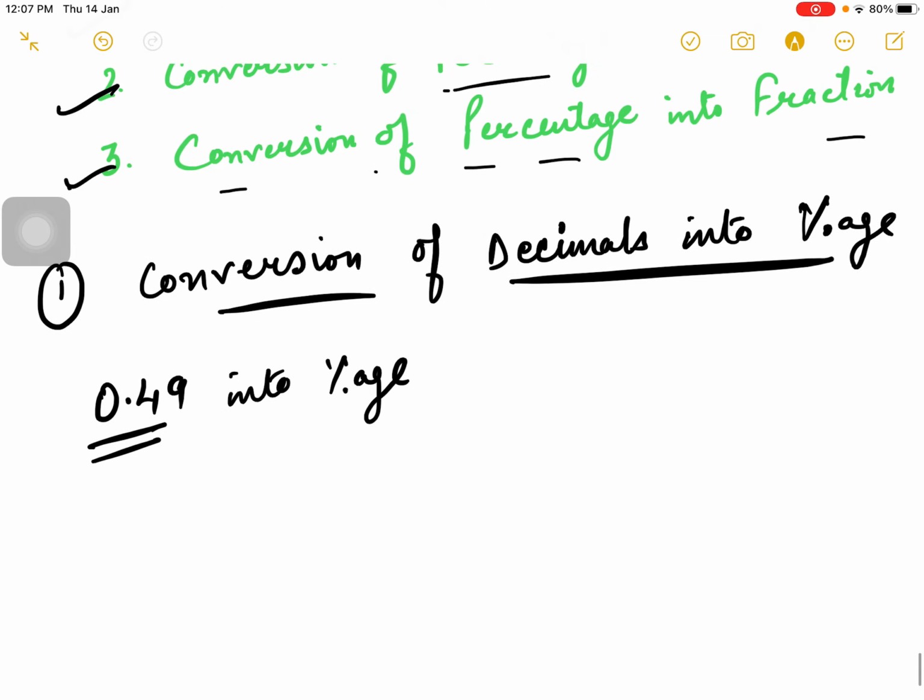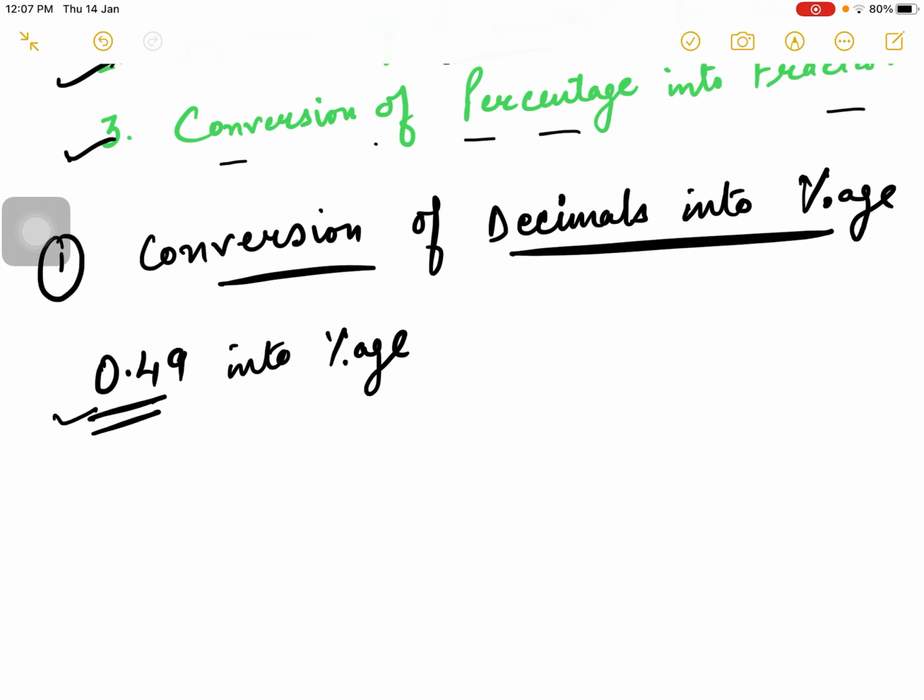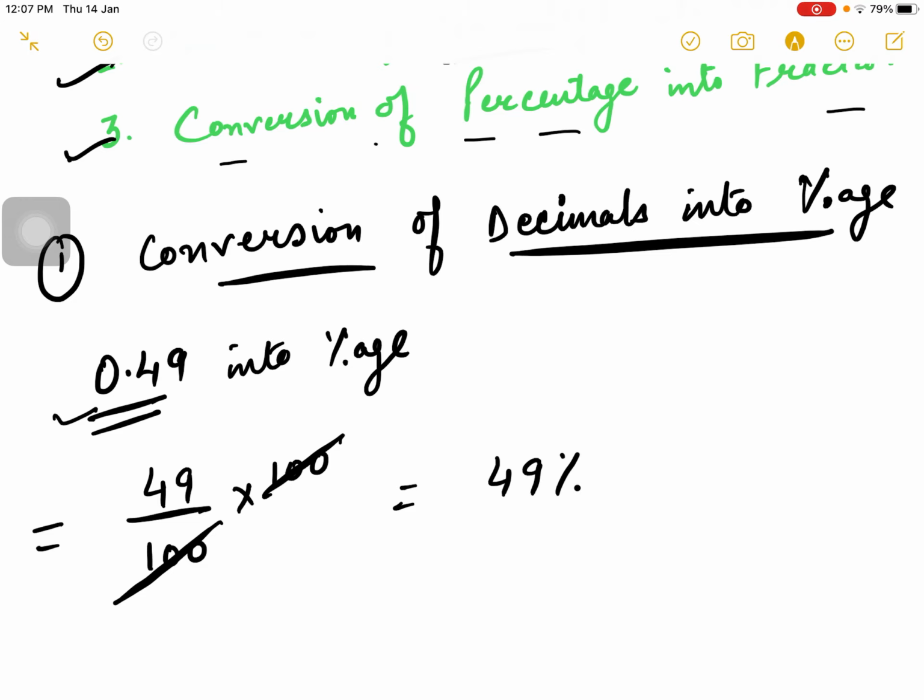First of all, you have to convert decimal into fraction and then fraction into percentage. 0.49 in fraction will be 49 upon 100. You know that. Now we have to convert 49 upon 100 into percentage. When we convert fractions into percent, we multiply the fraction by 100. So 100 and 100 will be cut off, and the answer is 49%.